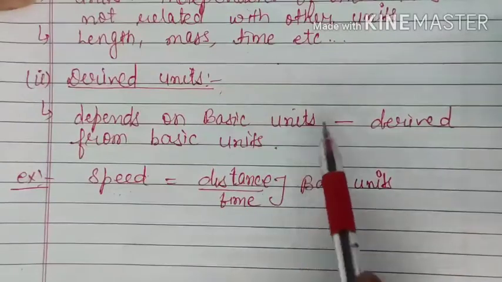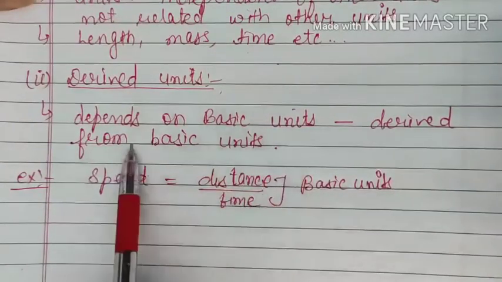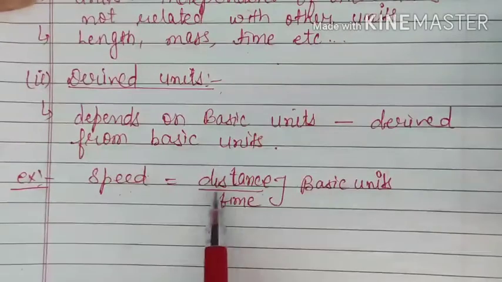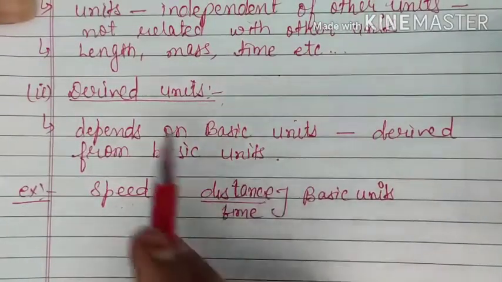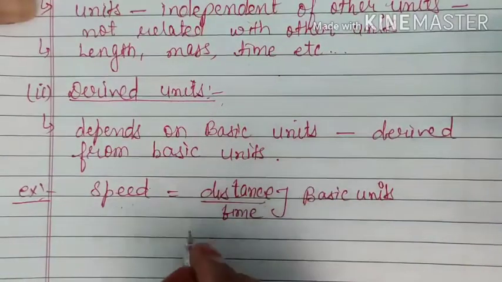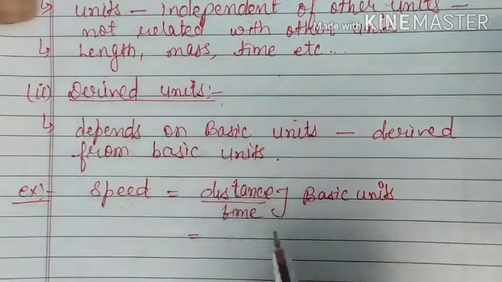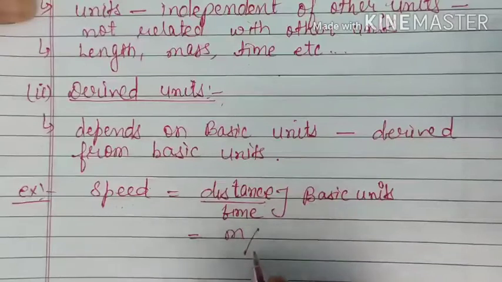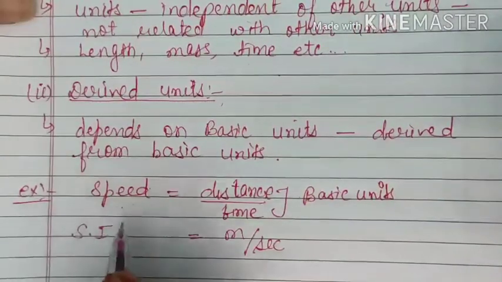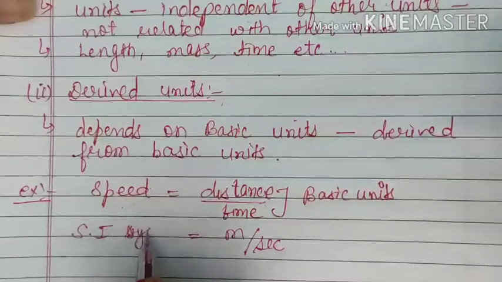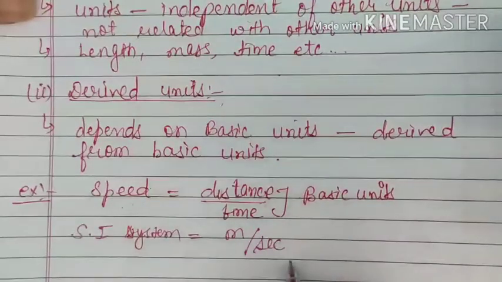For distance or length, the SI unit is meter, and for time it is second. Therefore the derived unit in the SI system for speed will be meter per second.